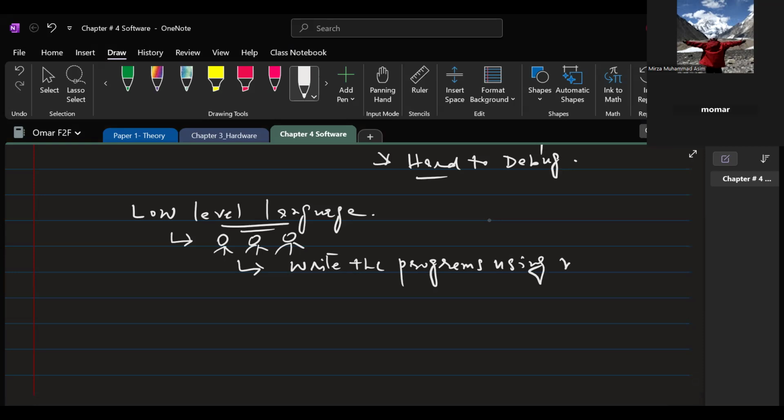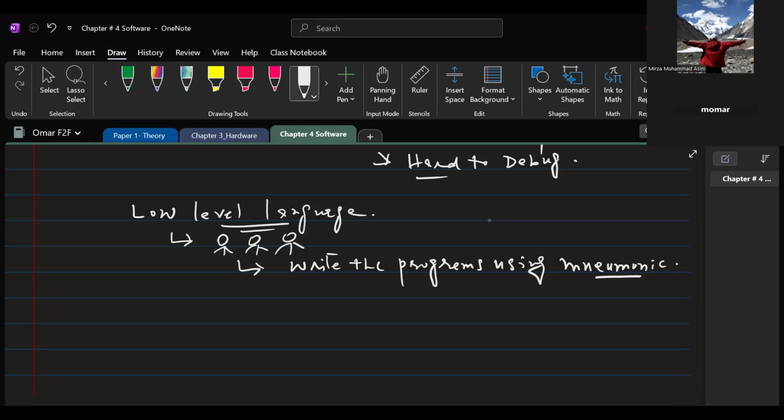Mnemonics means, please correct me if the spelling is not correct, right? Mnemonics means these were the words or commands being used at that moment in the assembly language.